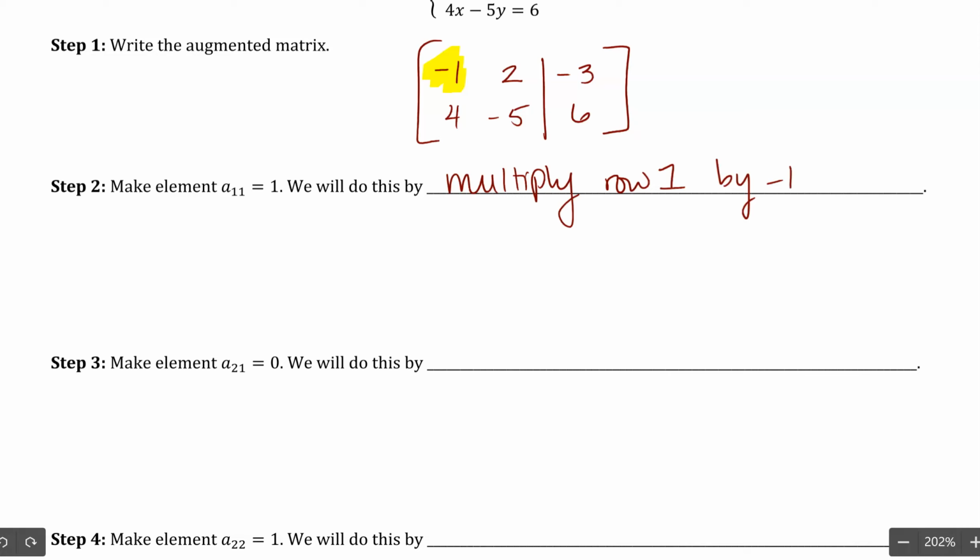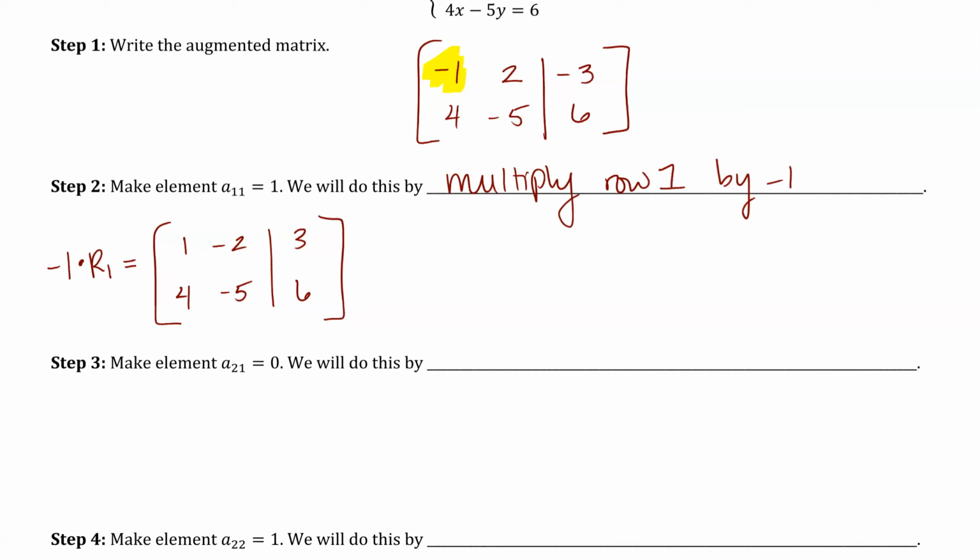We can multiply that entire row by -1, and then this will become +1. So -1 times row 1 gives us a new matrix. It looks like 1, -2, 3, and then we didn't touch row 2 at all, so we're just going to copy that down: 4, -5, 6. So there is the matrix we're currently working with.